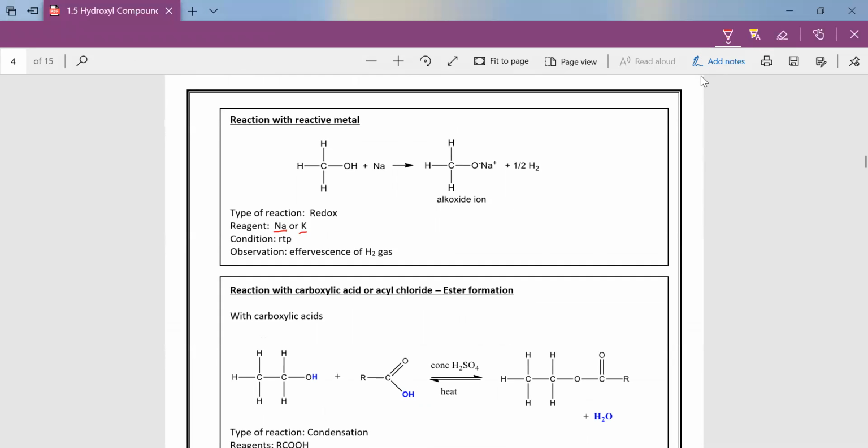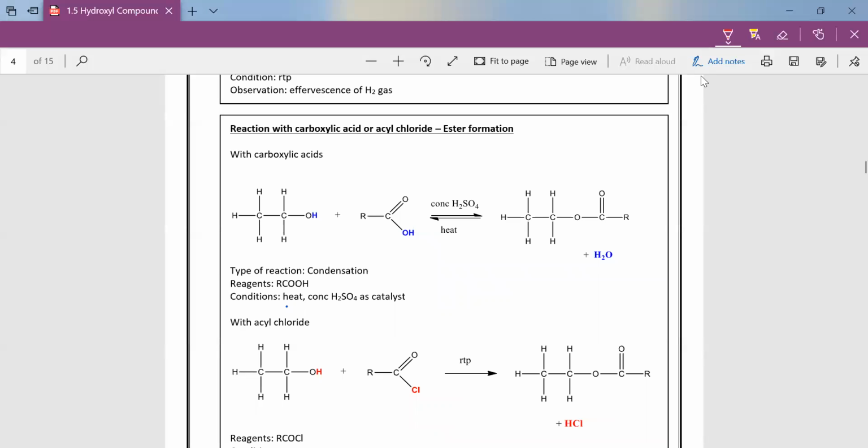These are very reactive, so they will abstract the H in order to react, and the H that is removed forms hydrogen gas. Some students like to use this as a distinguishing test for alcohol, but I personally find it not that good a test because it's rather dangerous, as sodium is very reactive.